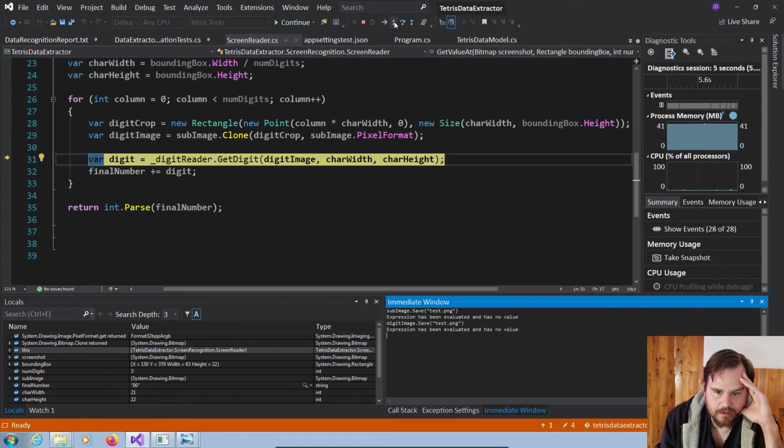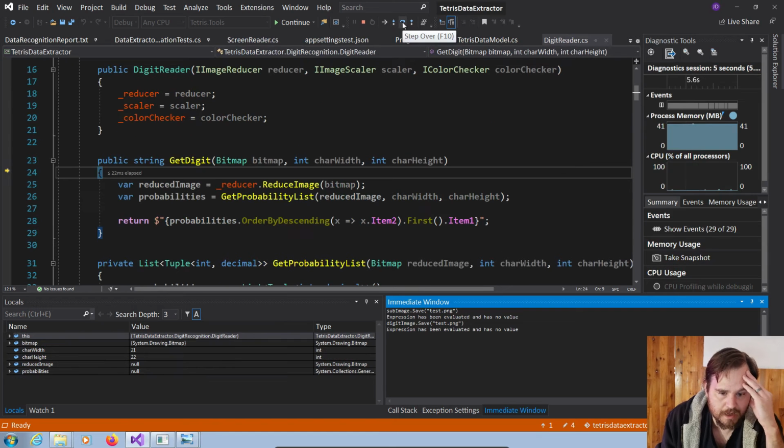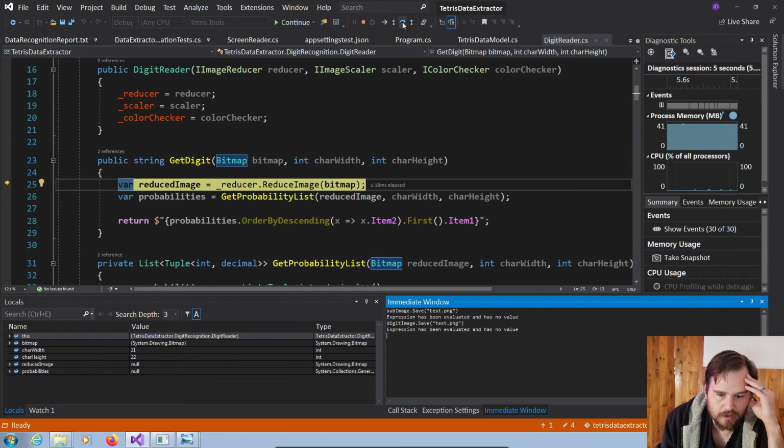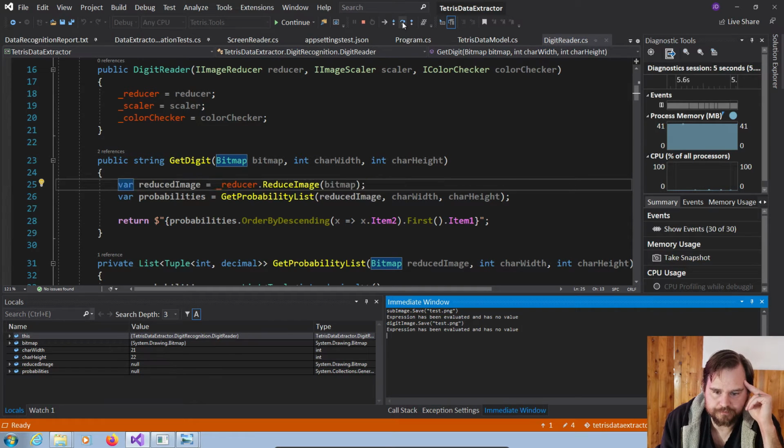Okay, let's go into here and see what is happening. So we're going to reduce the image, and this is the problem. When we reduce the image, we remove all the black pixels around it.